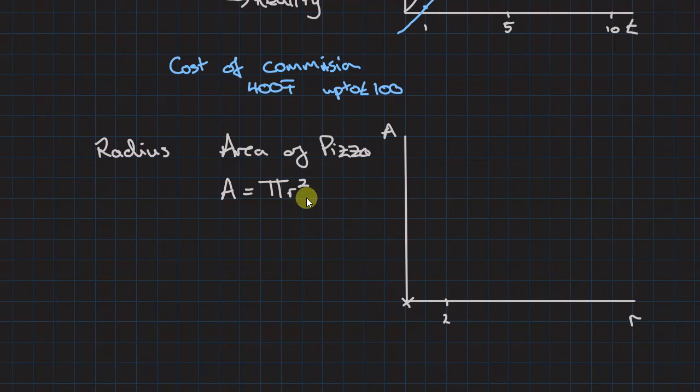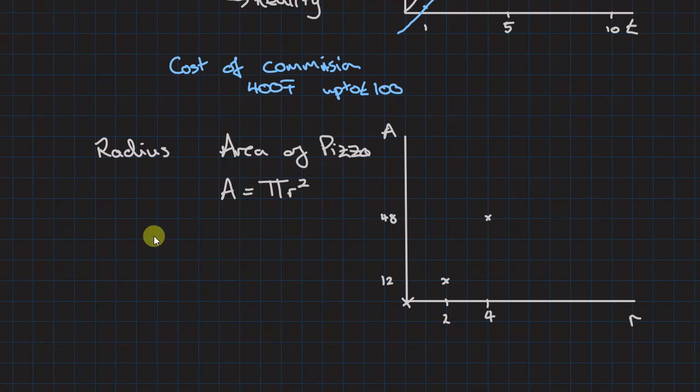When my radius is 2, we're going to get 4 times about 3, which is about 12. So that's 12. 24, 36, 48. So when I go to 4, I've got 16 times a 3, which is about 48, from that point there.